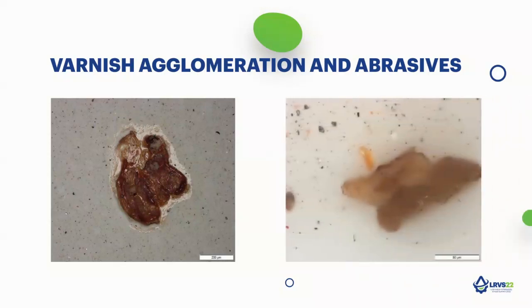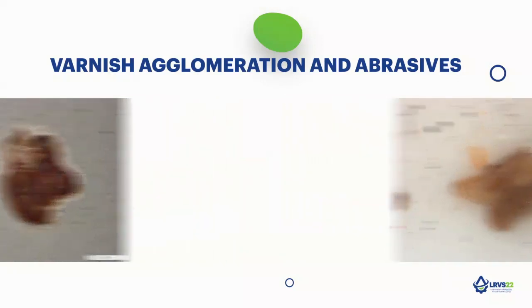The image on the right-hand side shows how varnish can start off as microagglomerations, can be translucent, and over time tends to harden and form a layer that can bake onto the surfaces of the system.